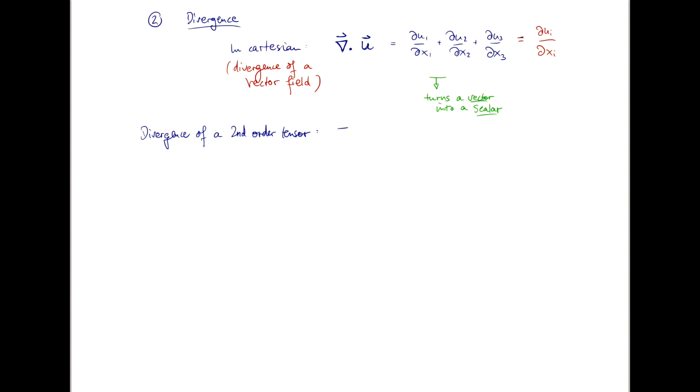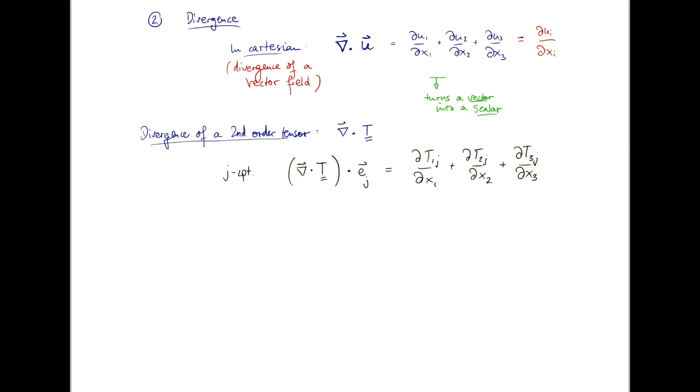So take the stress tensor that we've talked about, T, and let's consider the j component. The j component of this divergence you obtain by dotting the divergence with the j basis vector, and you will write that as dT1j/dx1 plus dT2j/dx2 plus dT3j/dx3.